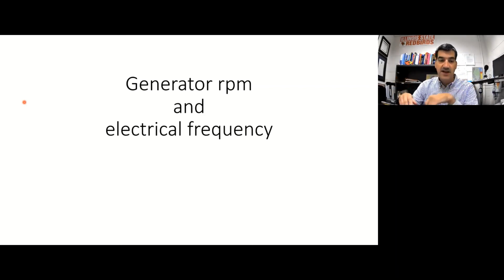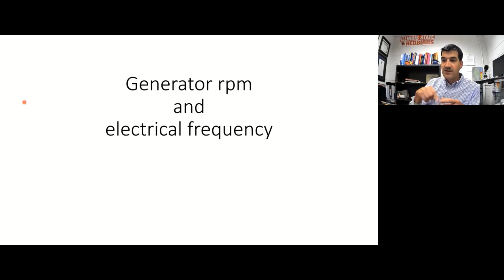And I foreshadowed this last time because I said that we want to get 60 hertz output, 60 cycles per second. That's what 60 hertz means on the electrical grid, because in North America, the electrical grid is 60 hertz AC. So if I want to take that simple generator and get 60 hertz electrical output, how fast do I have to rotate that thing?